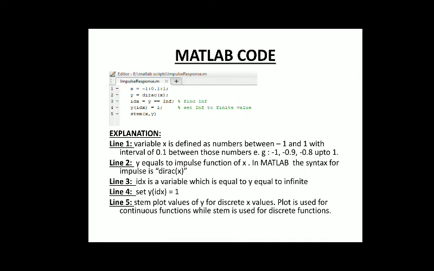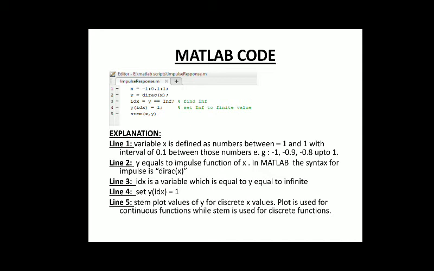So what does that mean? It is a plotting syntax. Previously we used plot, and now we are using stem. It plots values of y for discrete x values. A plot uses continuous values, but when we have to plot discrete x values we have to use stem.